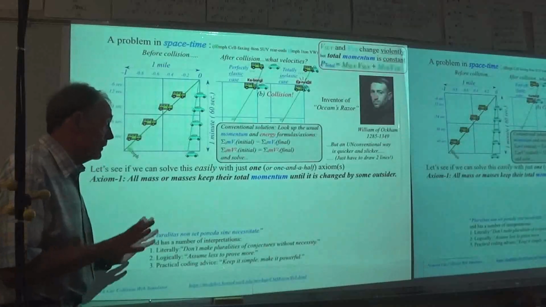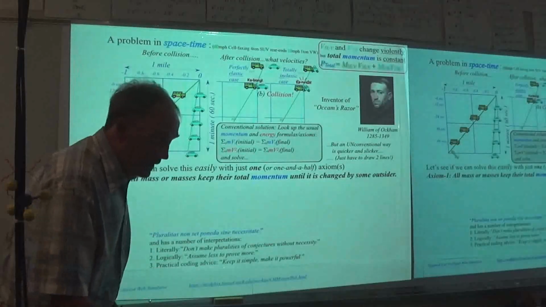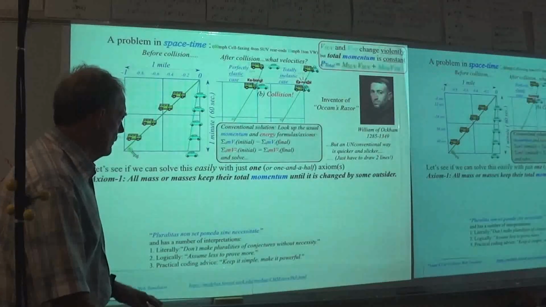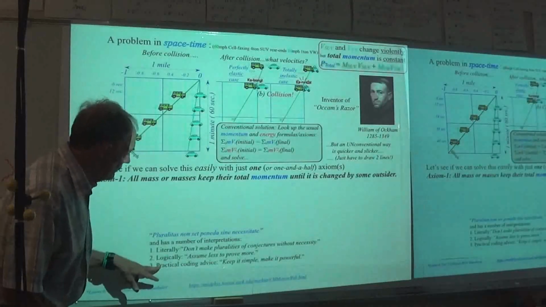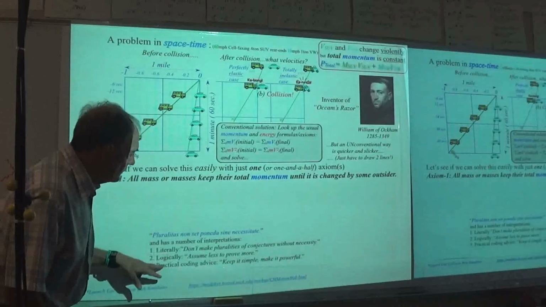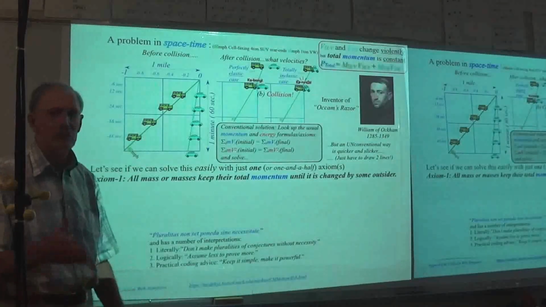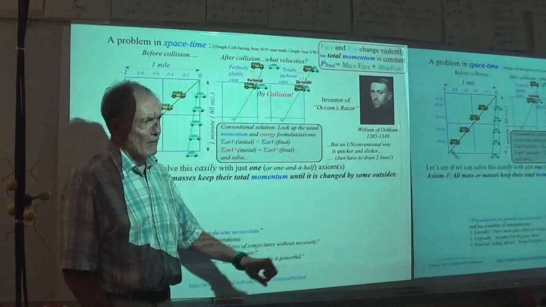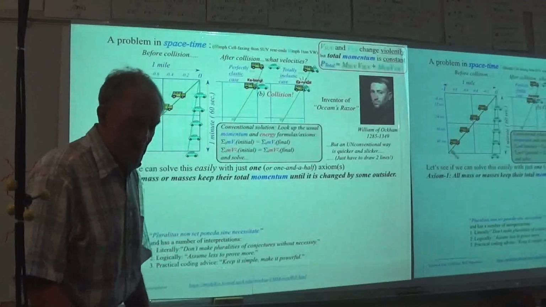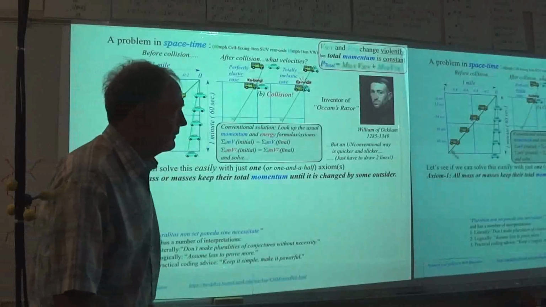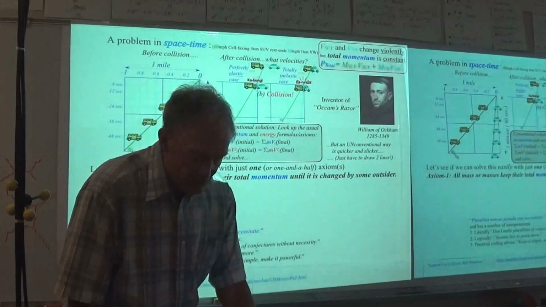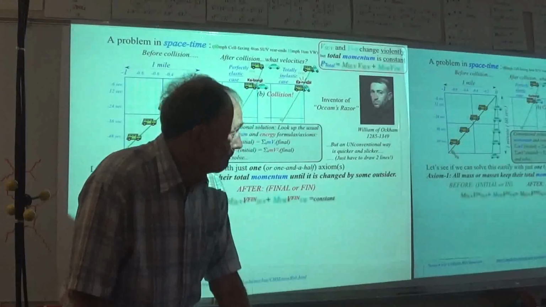For a theorist, that's the most important thing, I think, that I got from Richard Feynman when I was a graduate student first learning from him. And the practical coding advice, and this is the cyber world: keep it simple, make it powerful. So this whole idea is going to, I hope, be adhered to as much as possible throughout this course.